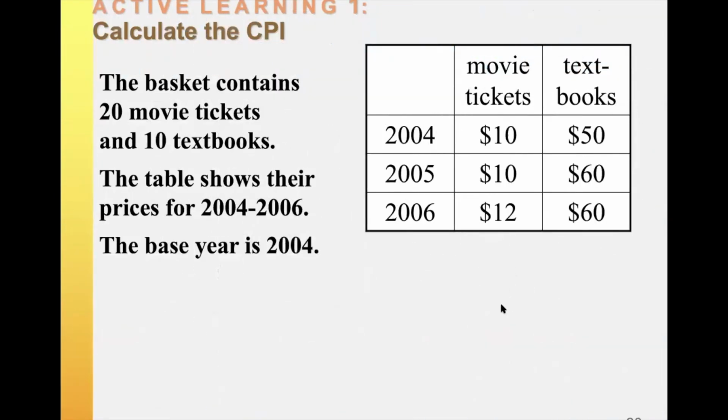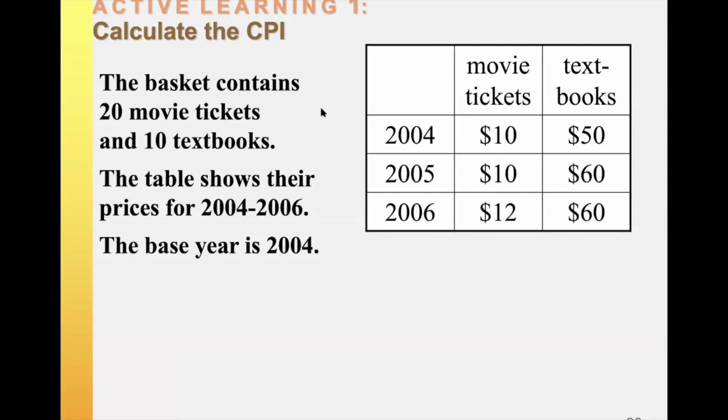So the active learning, calculating the CPI. Actually, I wanted to hide this slide, but I think it's better to print everything and upload it for you. So you all have this slide, right? The basket in this case is for some group of consumers. The basket contains 2 goods, 20 movie tickets and 10 textbooks.